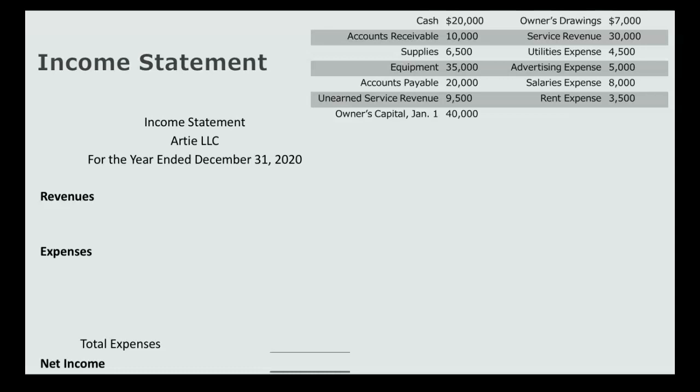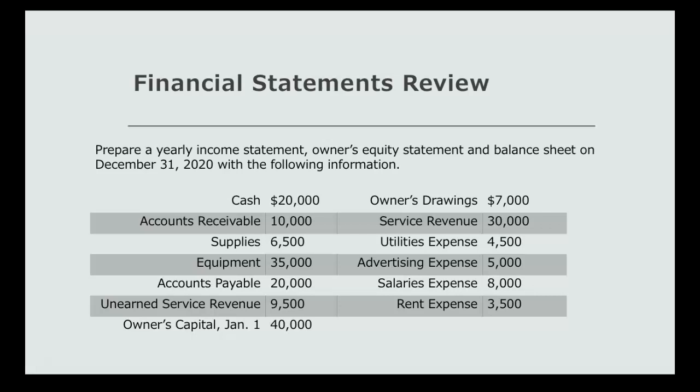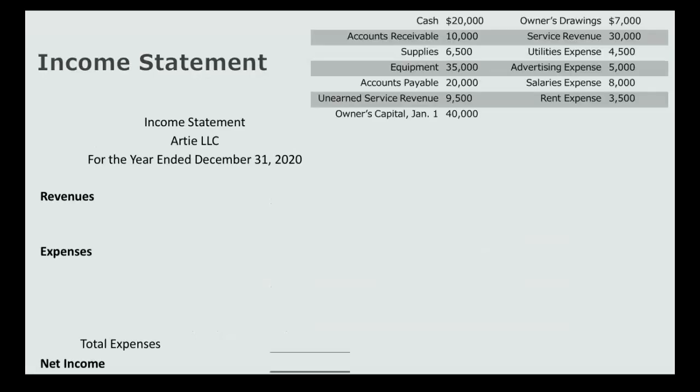Now, this is where it could change. If we take a look back at what the problem told us, it tells us to prepare a yearly income statement. So we know that this is for the year. This is where it could say for the month ended December 31st. And in that case, we're just dealing with the month of December.